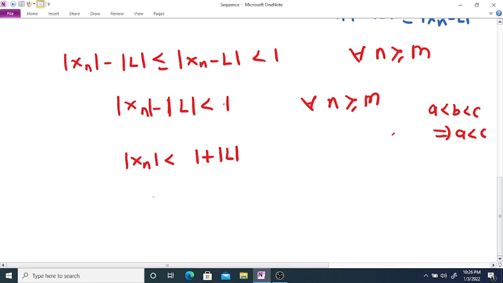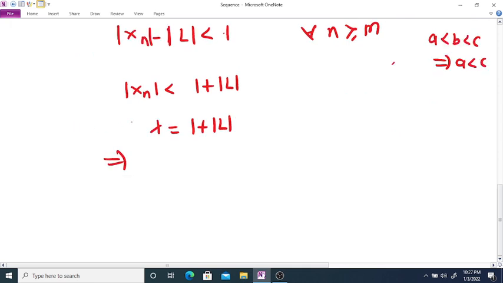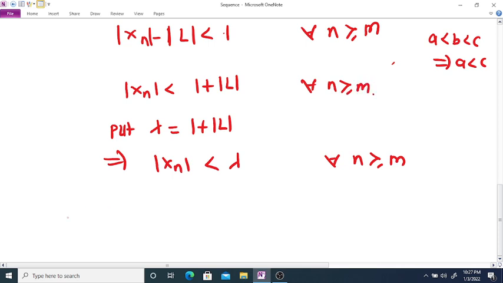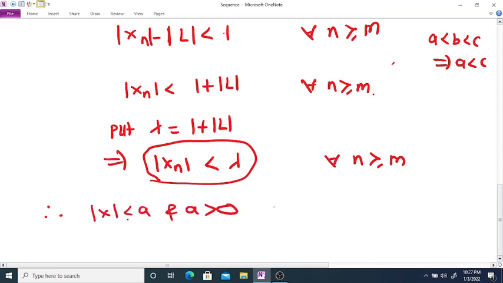From this we can write |xn| is less than 1 plus |L|. If we take lambda equal to 1 plus |L|, then |xn| is less than lambda for every n greater than or equal to m. Again, we know that if |x| is less than a and a is greater than 0, then minus a is less than x less than a.